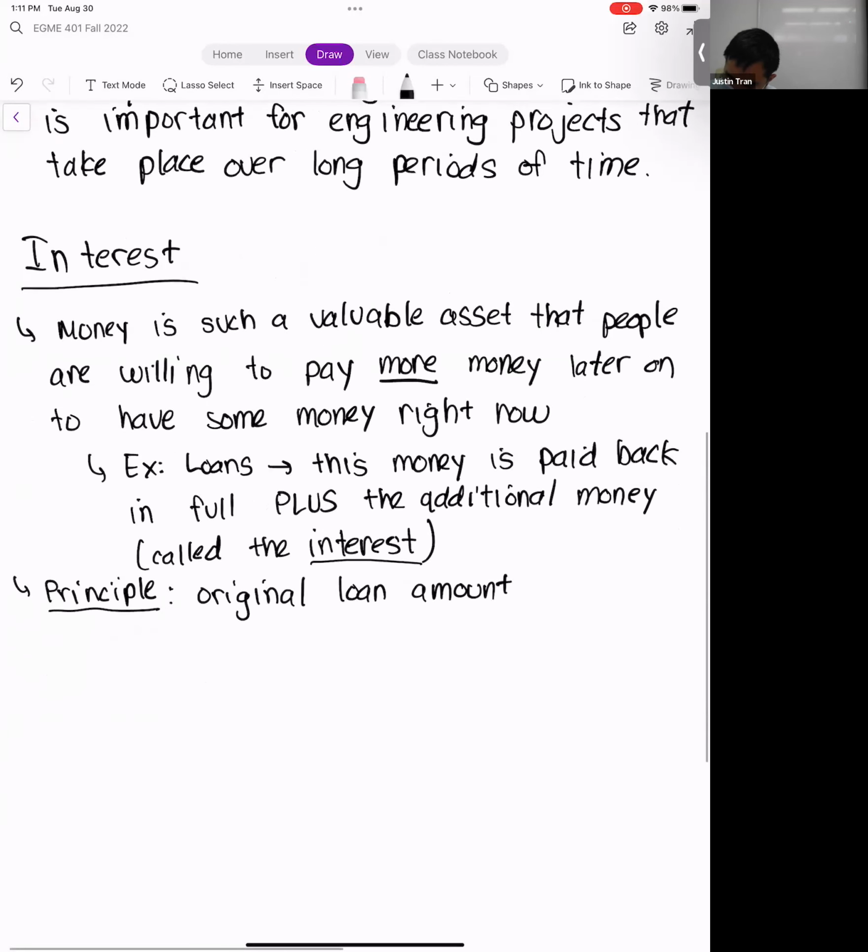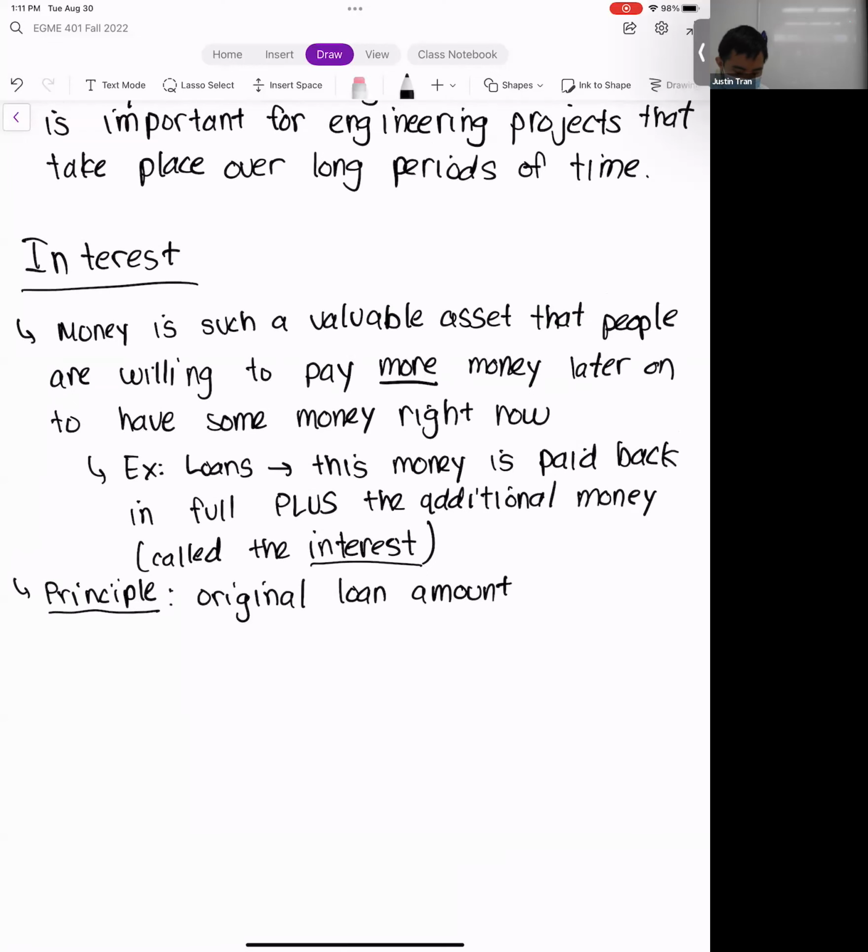And then the interest payments that you make, the additional money that you're paying to use that principal, we call that the interest, right? And that interest is usually based on a percentage of the principal.